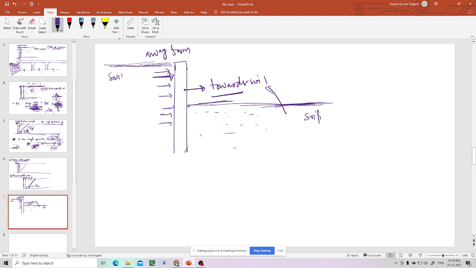Again, here also there is a pressure from the soil because you are pushing it. So this pressure is called passive earth pressure. This pressure is called active earth pressure.